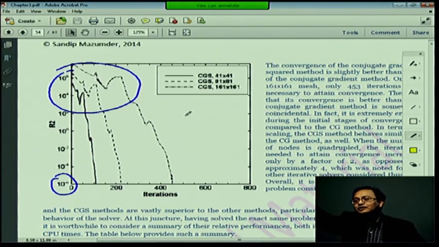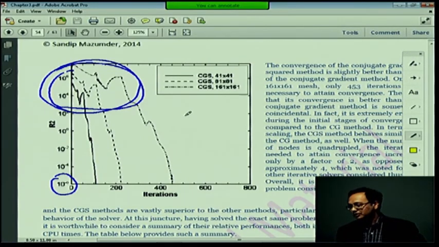So what people usually do is partial convergence of the equations. They get the residual down maybe 2 or 3 orders of magnitude, and then move on to the next equation. That poses a problem with the conjugate gradient solver, because from here to here, it hardly took 50 or 60 iterations, even less. If I look at this point versus this point, it's a few tens of iterations.